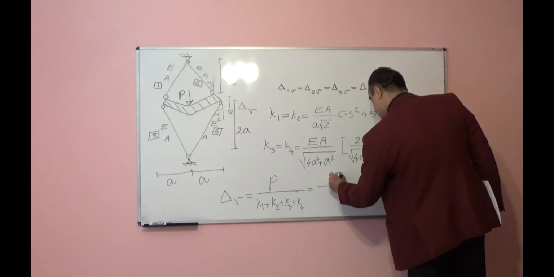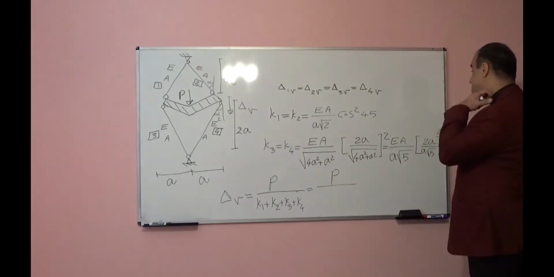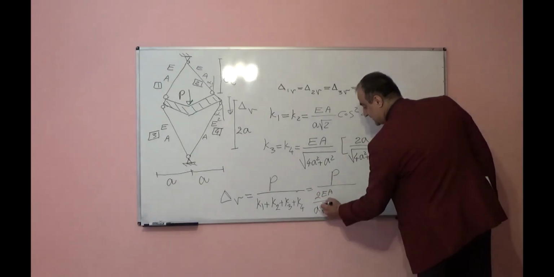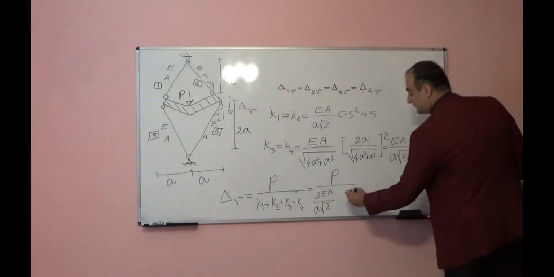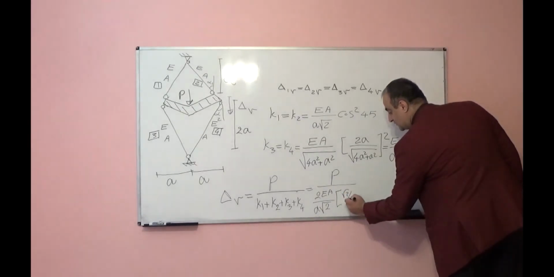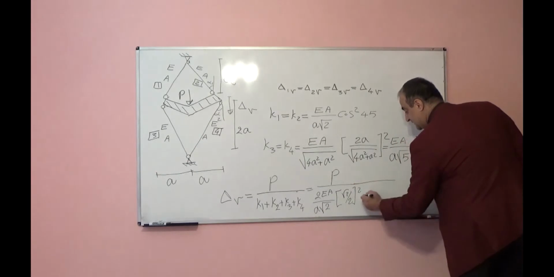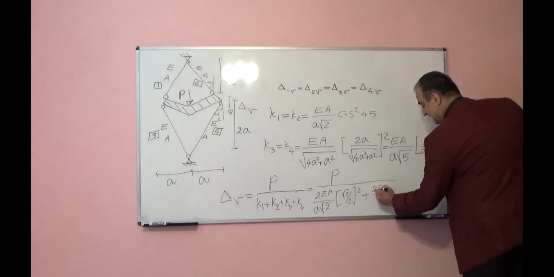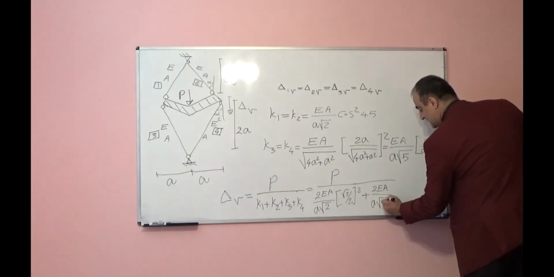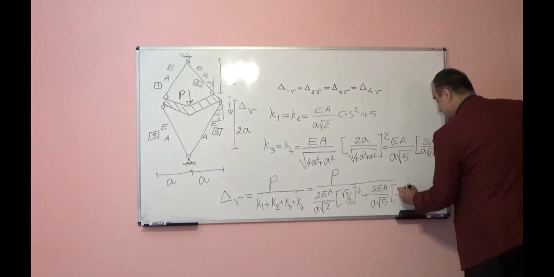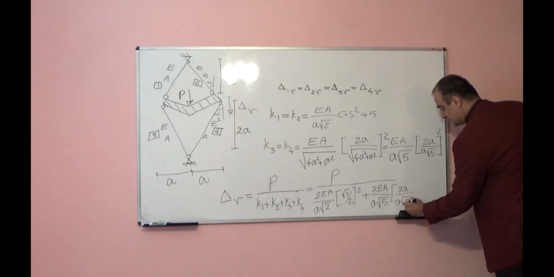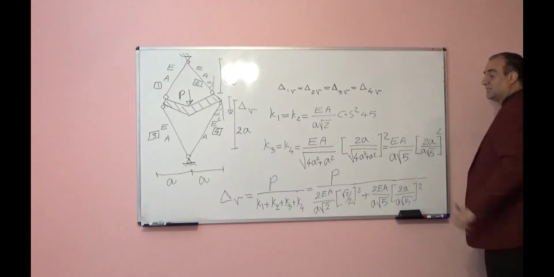So this will be P divided by 2 A square root of 2 cosine 45, square root of 2 over 2 squared, plus 2 A square root of 5 times cosine squared alpha 2, A square root of 5 to the power of 2.